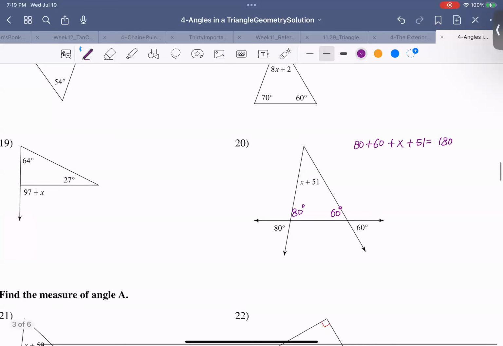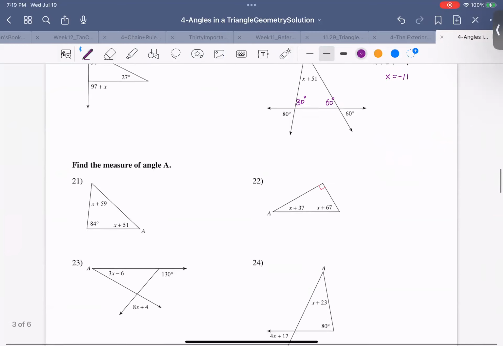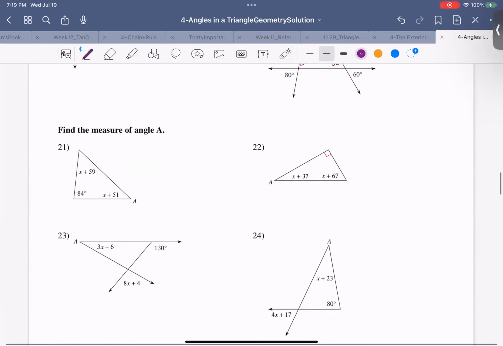So this is 180 minus 140, which is 40, and then you get x equals negative 11. We have so many smart boys here. Very good.